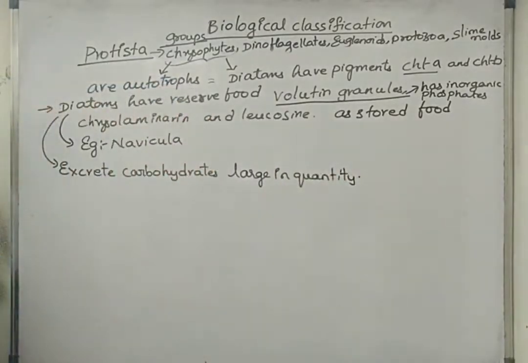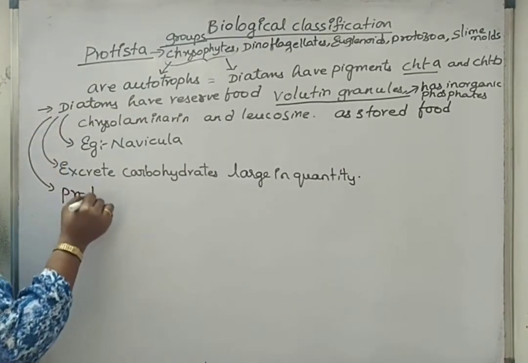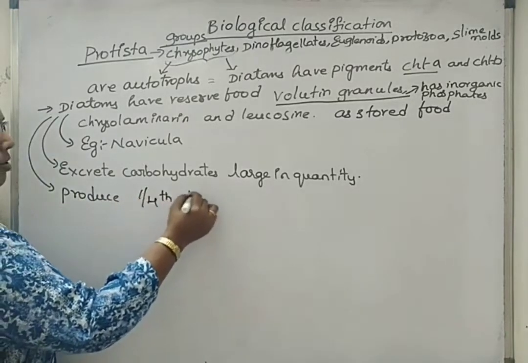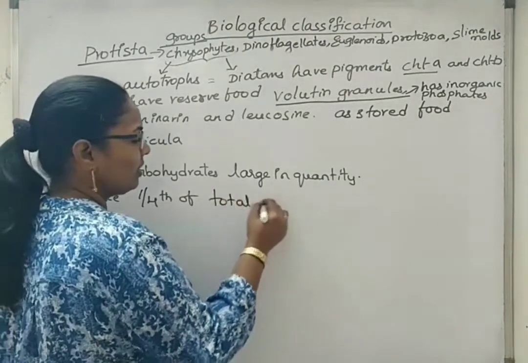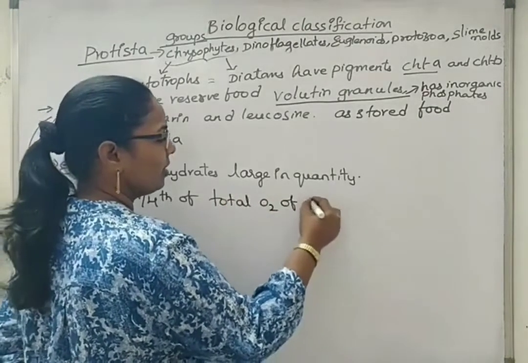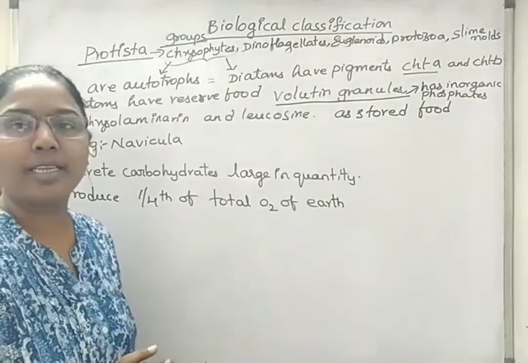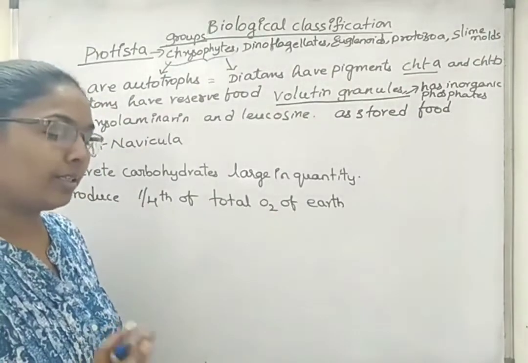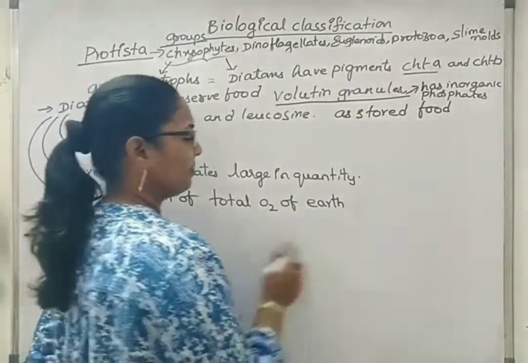Next, diatoms produce one fourth of the total oxygen of Earth. Suppose Earth has 100% of oxygen in its biosphere or atmosphere. Out of that, 25% is produced by diatoms.